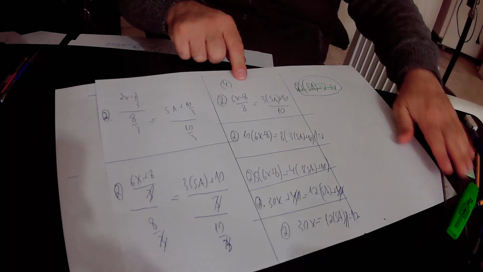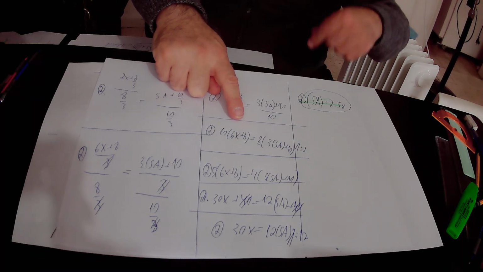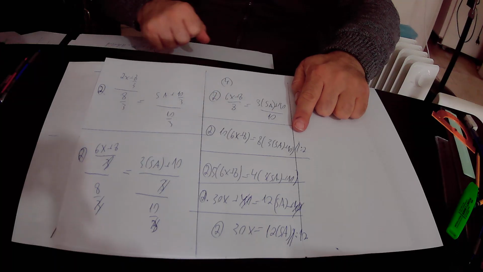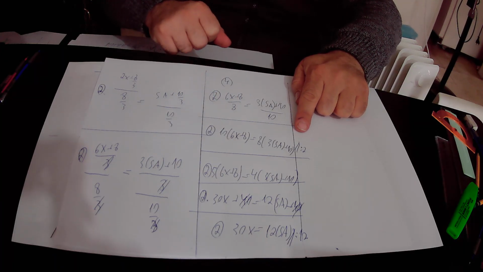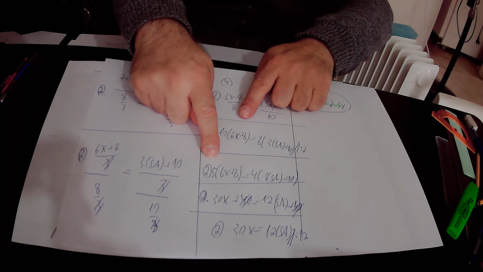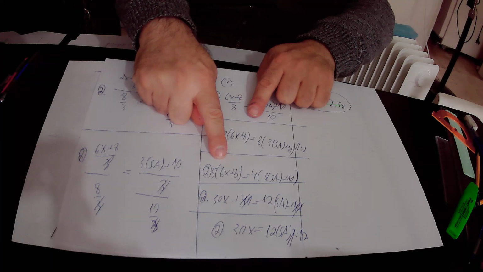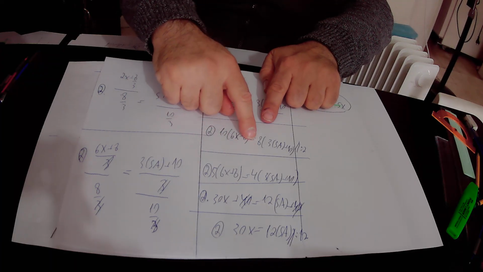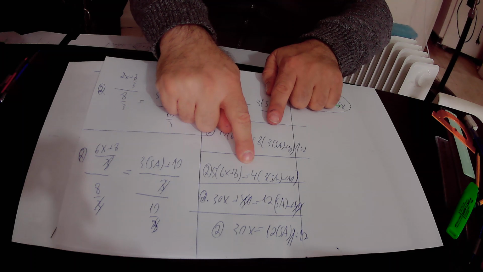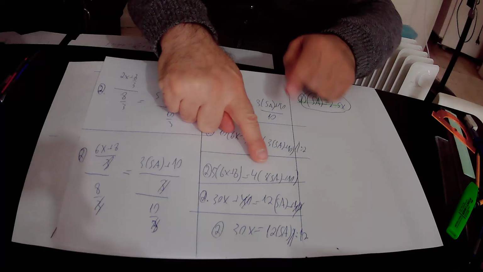Here we cross multiply this equation and found that 10 times (6x plus 8) equals 8 times (3SA plus 10). Here we divided this equation by 2 and found that 10 over 2 is 5. So in total on this side of the equation we have 5 times (6x plus 8), and it equals 8 over 2, which is 4. So in total on this side we have 4 times (3SA plus 10).